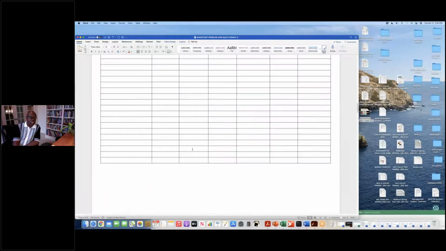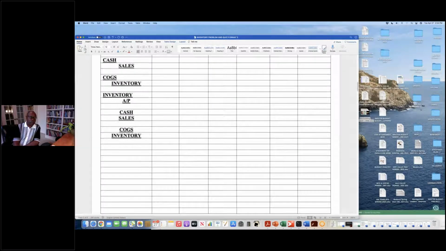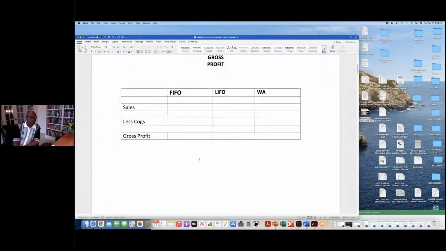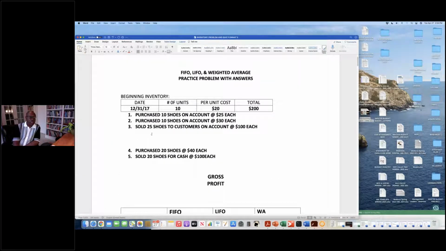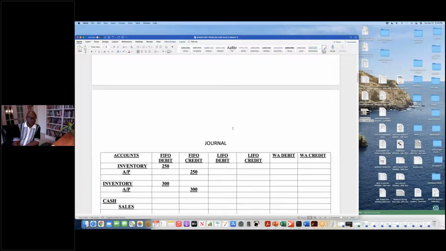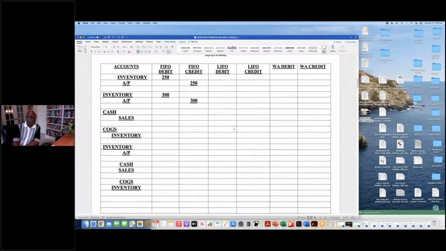Then what's our next transaction? We sell 25 pairs of shoes on account at 100. That's our key transaction, selling, not buying, but selling. I think it's on account, so we put A/R here.